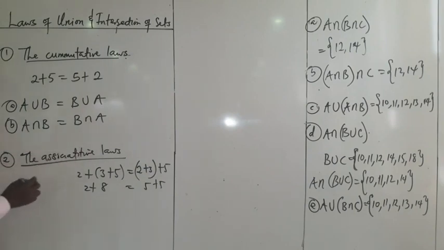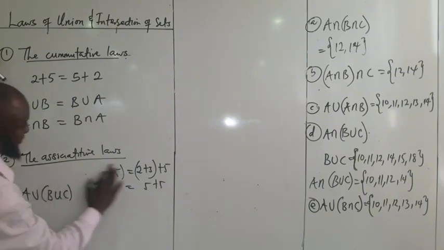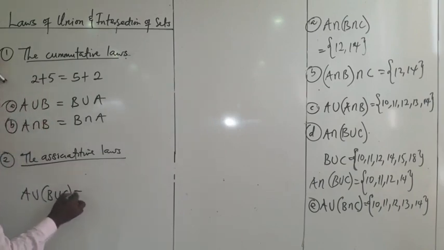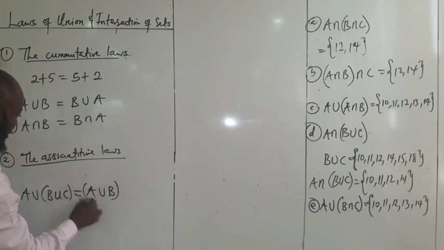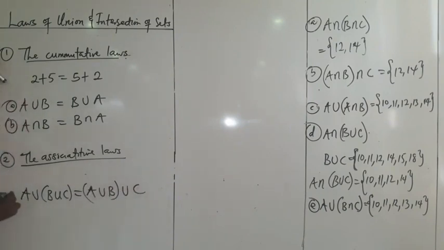So if I have A union B union C, I'm still saying it's the same thing as A union B, union C. That is the first one. We are still saying the same thing.